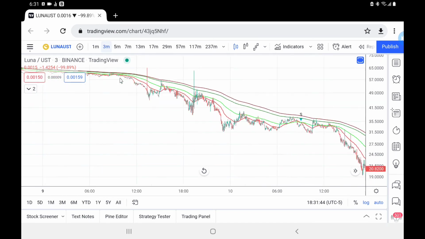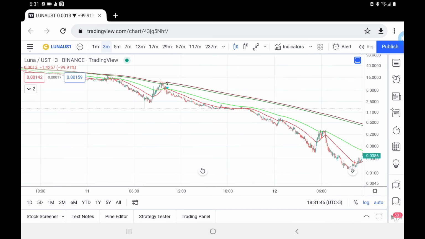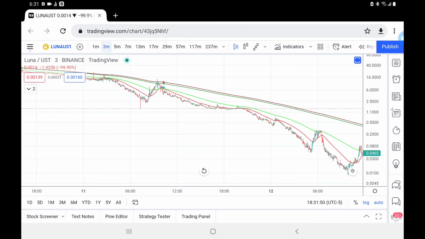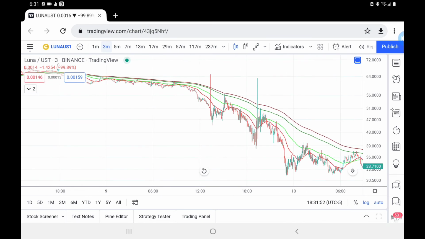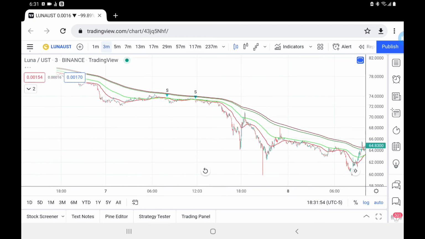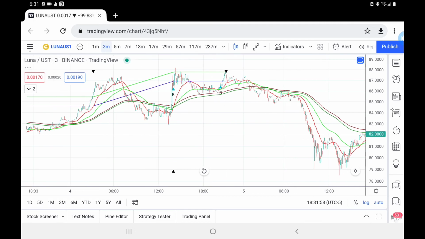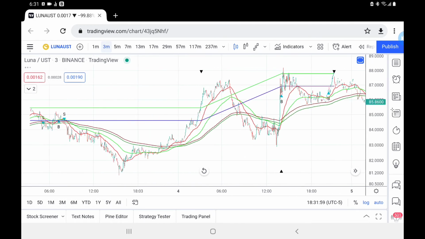Okay, where is this at? Okay, that's interesting. On the 3 minute chart, it doesn't even get into the market. So, this is real telling.